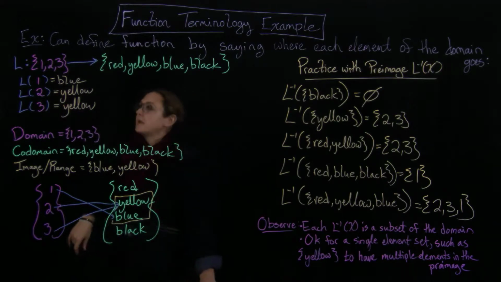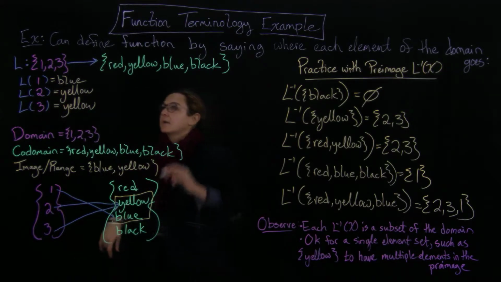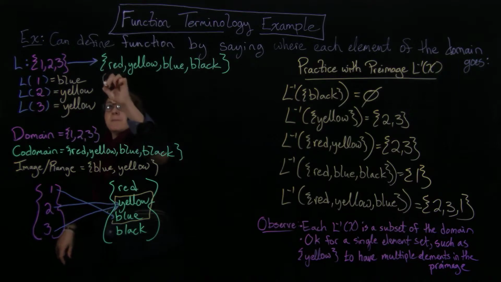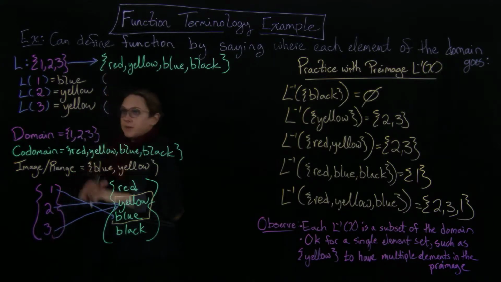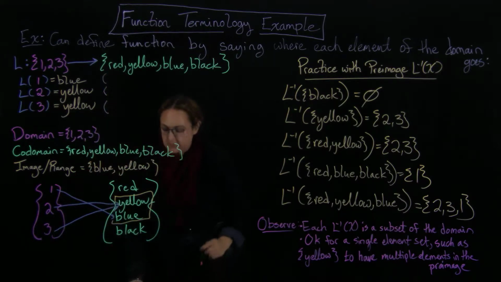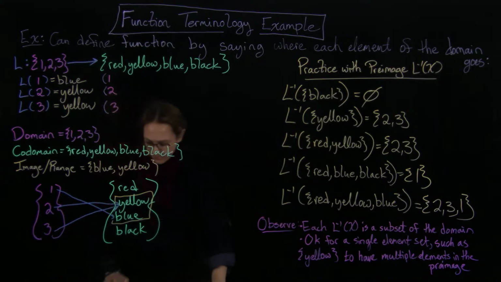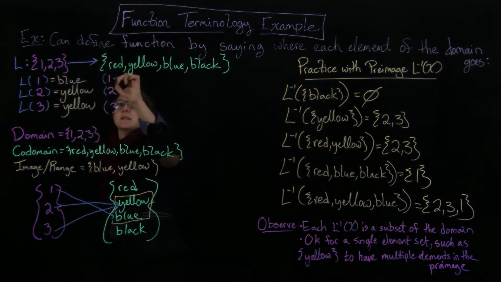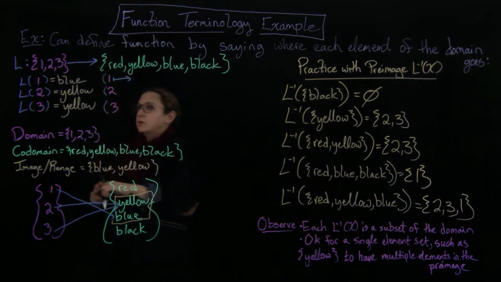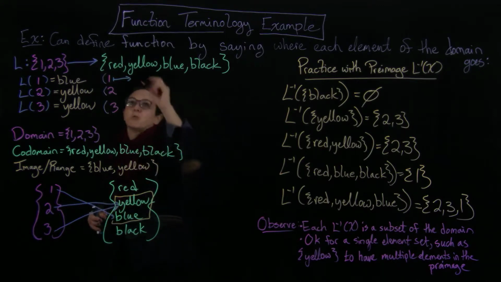And actually, let me add in some extra notation here, just to familiarize you with a little bit more notation all at once. So we could write this as 1, 2, 3. So remember that we had this notation where we could say 1 goes to blue, or 1 gets mapped to blue.